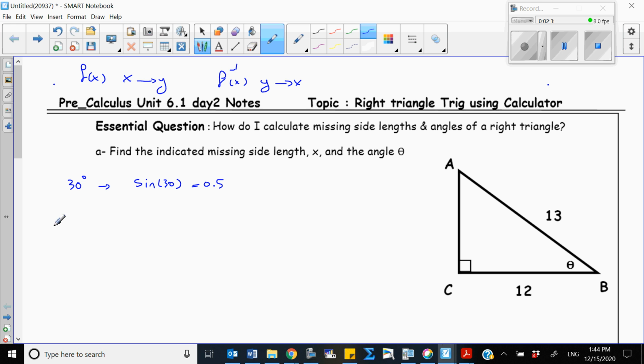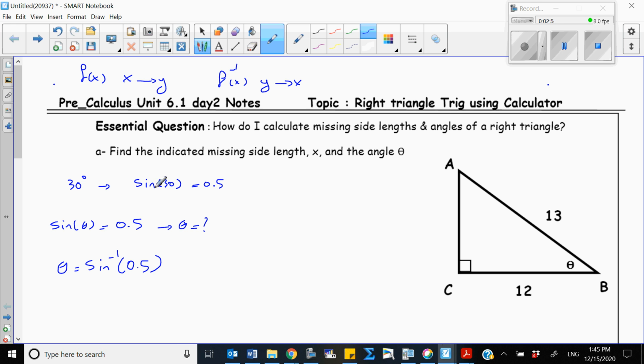Now, what if I tell you there is an angle whose sine is equal to 0.5, and I ask you, what is that angle? To find that angle, I'm going to use the inverse function. So theta will be equal to sine -1 of 0.5, and that will give me the angle.